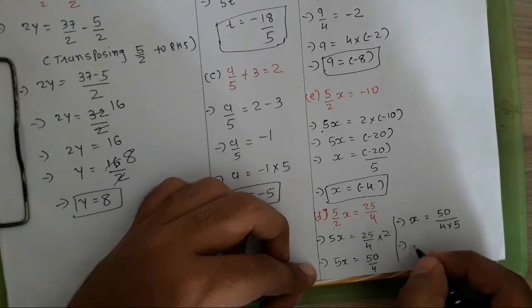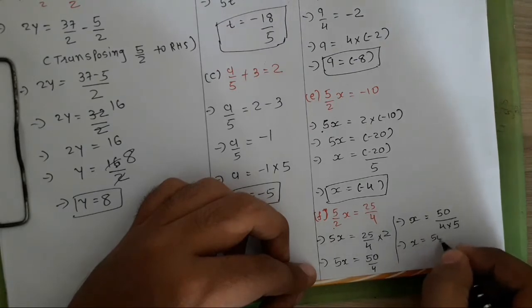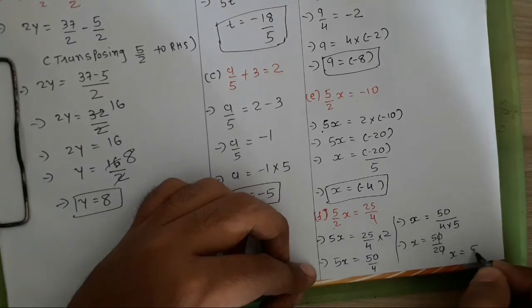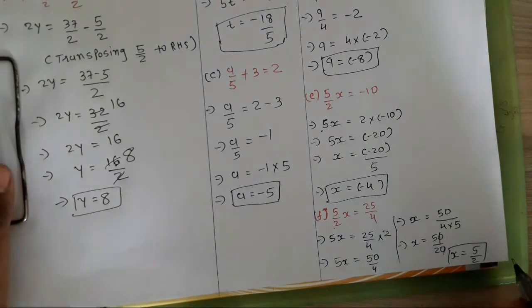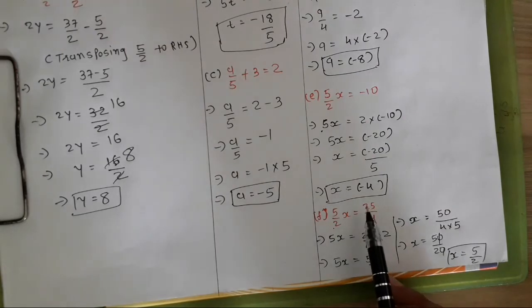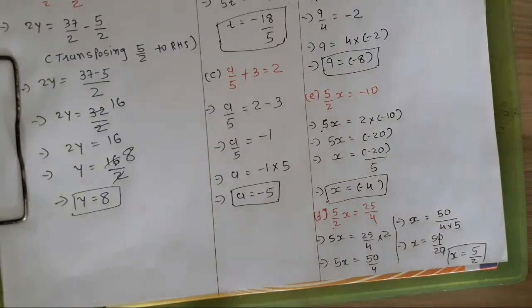Now here x is equal to 50 over 4 into 5, we all know, 20. Now the zeros will be cancelled, so the value of x is equal to 5 divided by 2. So this is the solution of this equation. If I put 5 by 2 in place of x, then I will get 25 divided by 4 in RHS. So this is how we have to solve this type of equation.